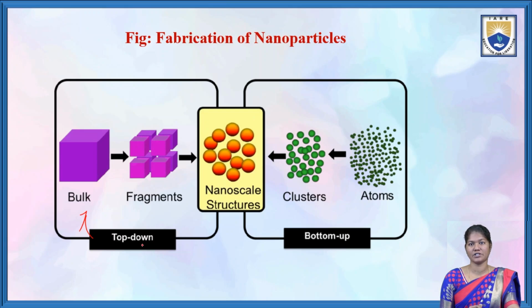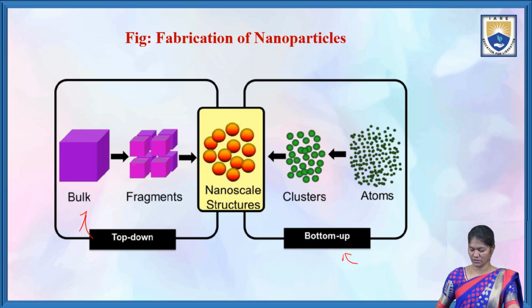The bulk size is reduced and reduced to the nanoparticle size. In the bottom-up approach, we build up atom by atom into nanoparticle size. So we can fabricate nanoparticles in two ways, top-down and bottom-up.